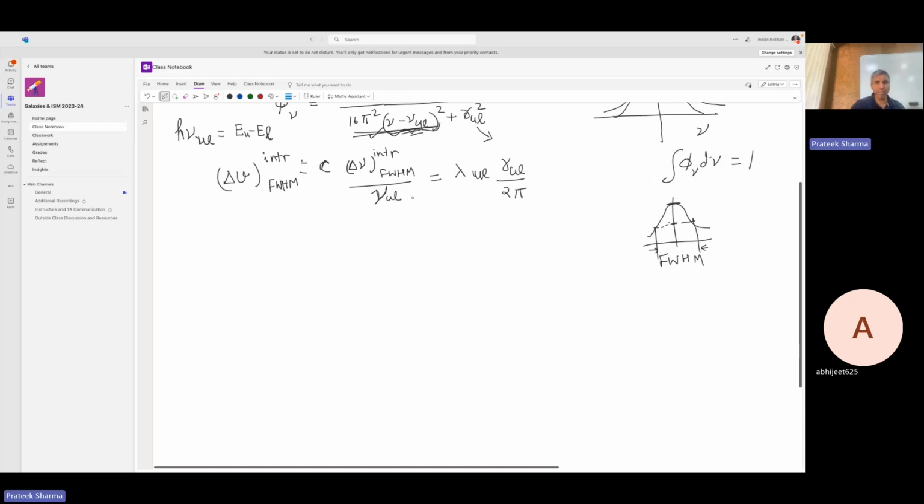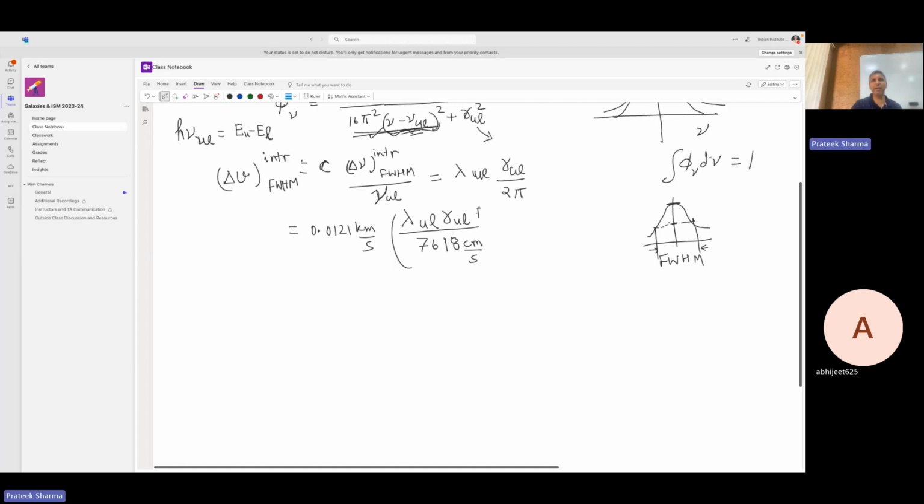All right, so if we plug in the numbers, what do we get? The intrinsic velocity width is 0.0121 kilometers per second for a Lyman alpha transition, with lambda UL and gamma UL, and 1618 centimeter.